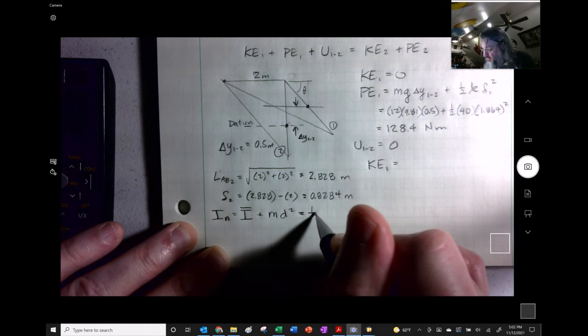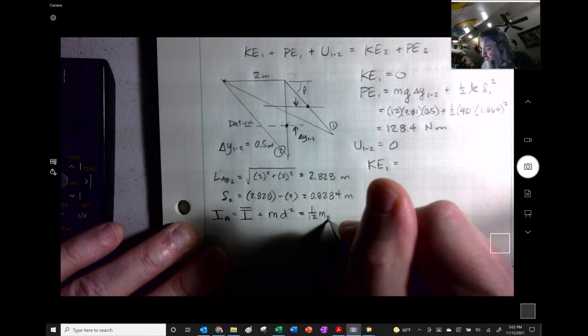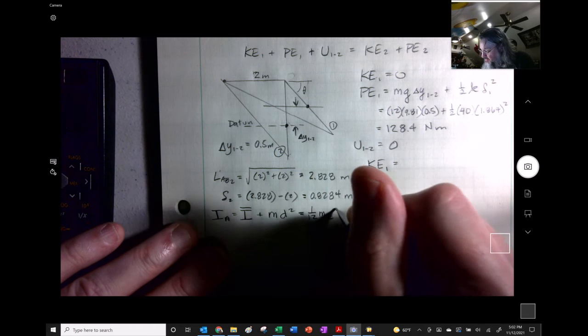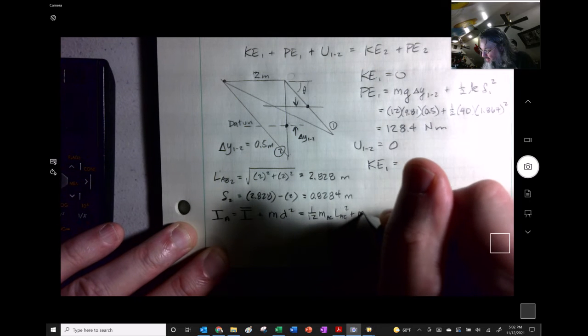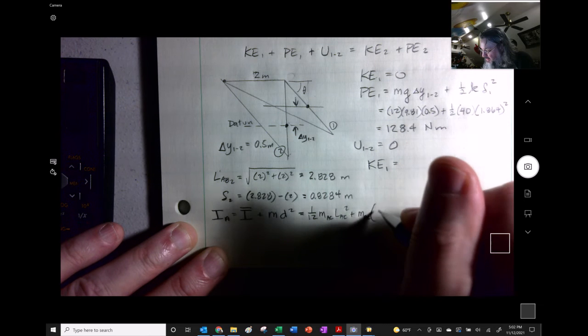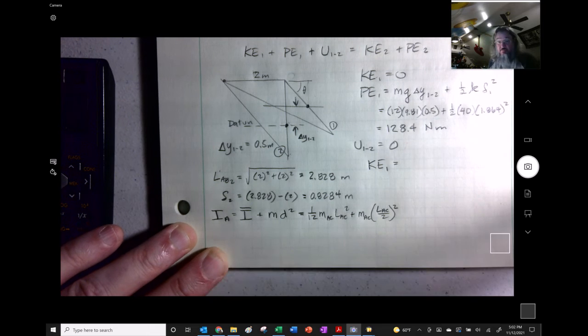So this thing is 1/12 MAC times LAC squared plus MAC times LAC over 2 squared.